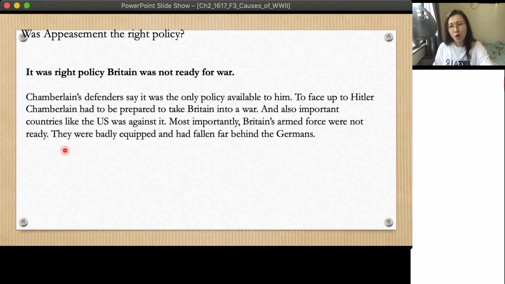And also important countries like the US were against war when they adopted the isolationist policy, and the US really didn't want Europe to start another world war, right? So most importantly, Britain's armed forces were not ready, and they were badly equipped and had fallen far behind the Germans, especially compared to the army, the land force, right?